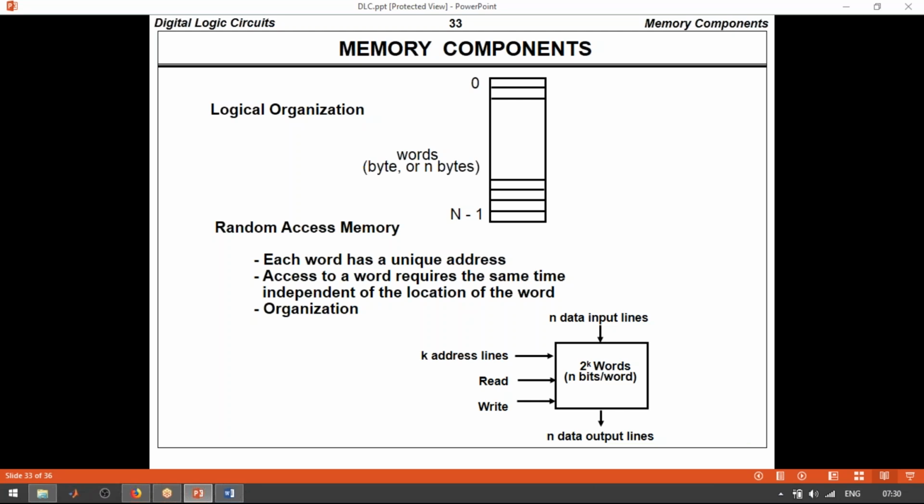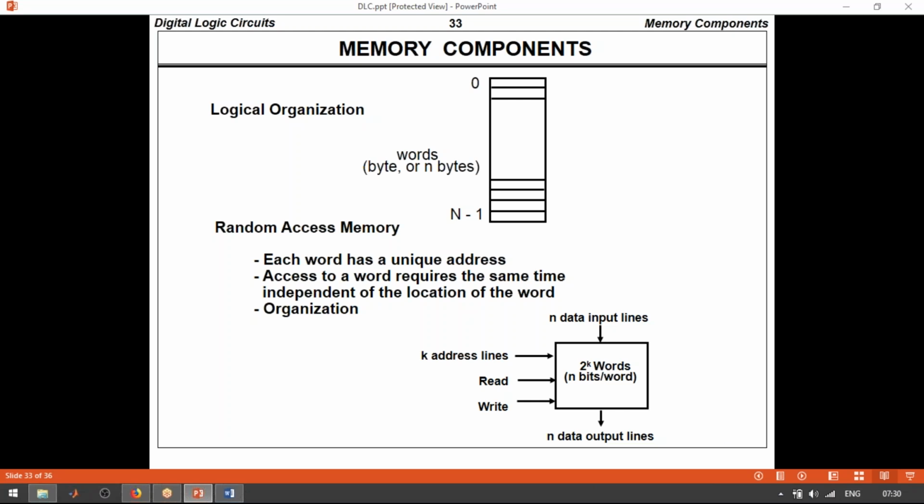So in random access memory, you have two types of RAM: DRAM and SRAM. And in ROM you have PROM, EPROM, EEPROM. PROM is programmable read-only memory, EPROM is electrically programmable read-only memory, and EEPROM is electrically erasable programmable read-only memory.